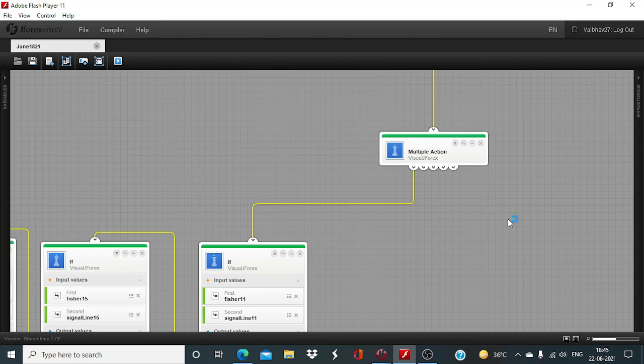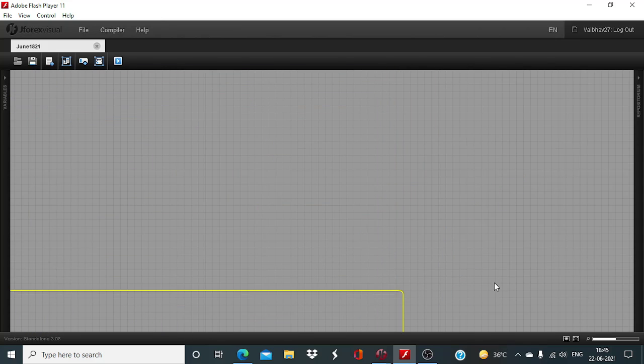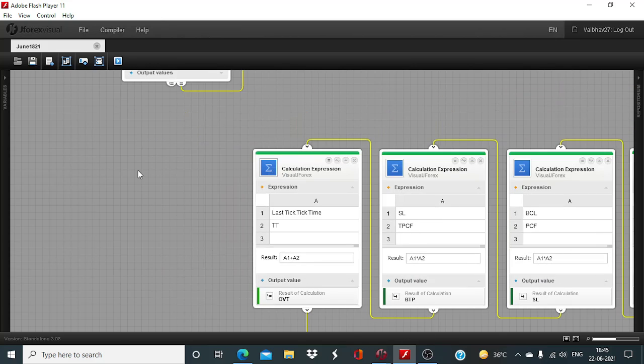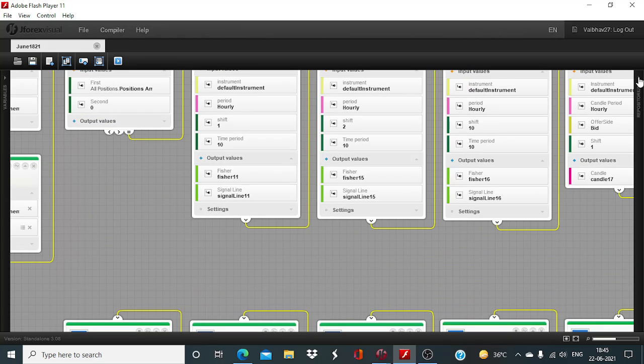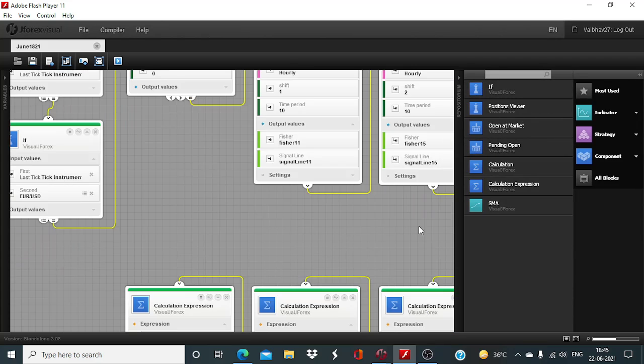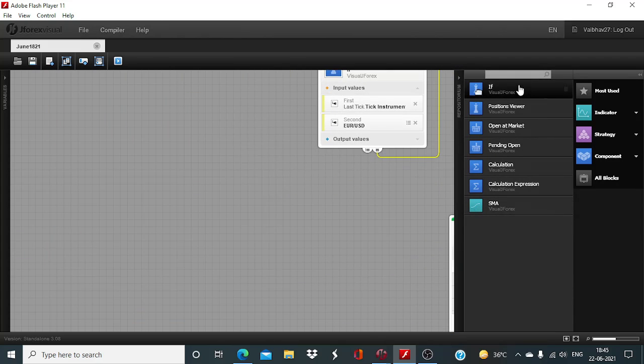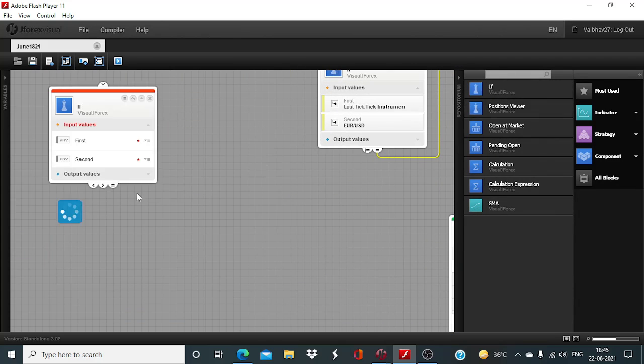Now let us begin afresh for the sell side, and the formation needs to be symmetric. That means we have to take 10 if blocks and then a trade command block. So I will bring in 10 if blocks in one go.